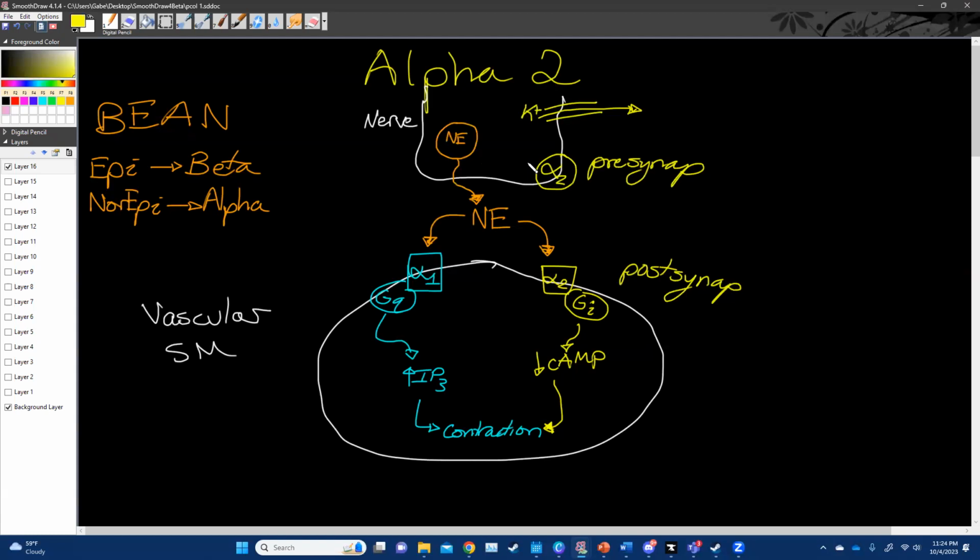Ultimately, what happens here is that we end up stopping the release of norepi. So alpha-2, initially, you get some contraction, but over time, you end up getting less and less and less, which ends up being dilation.